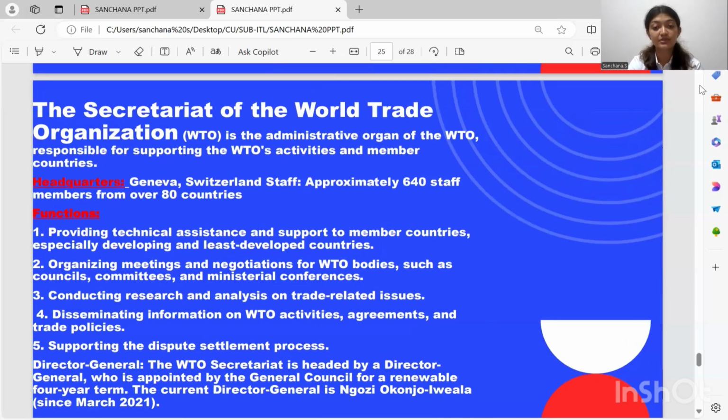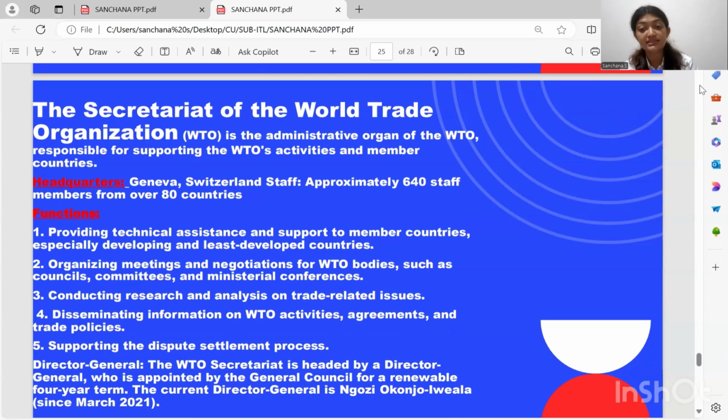The Secretariat of the WTO is the administrative organ of the WTO, responsible for supporting WTO activities and member countries. Headquarters: Geneva, Switzerland, and the staff is approximately 640 members from over 80 countries.